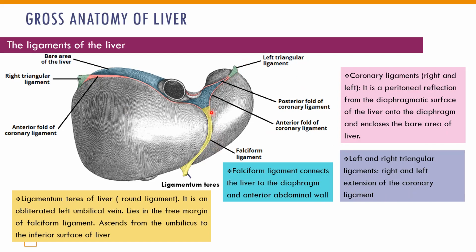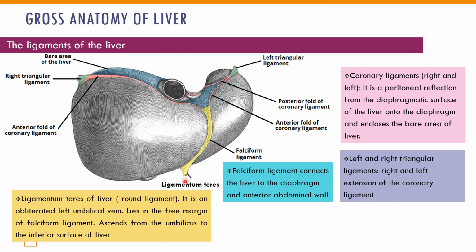The falciform ligament connects the liver to the diaphragm and anterior abdominal wall. The ligamentum teres of the liver is also known as the round ligament. It is the obliterated left umbilical vein, lies in the free margin of the falciform ligament, and ascends from the umbilicus to the inferior surface of the liver.